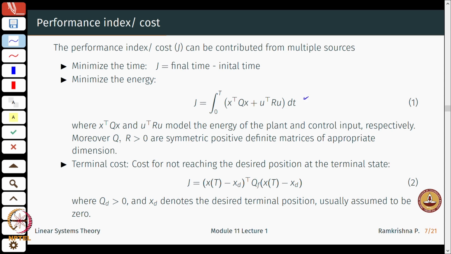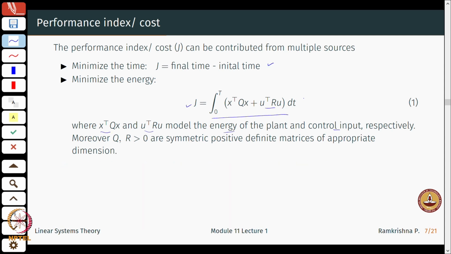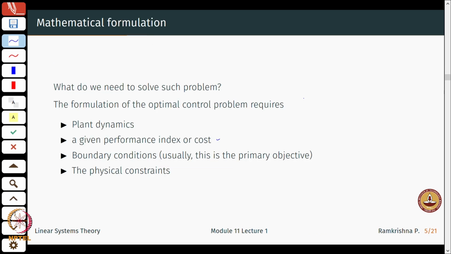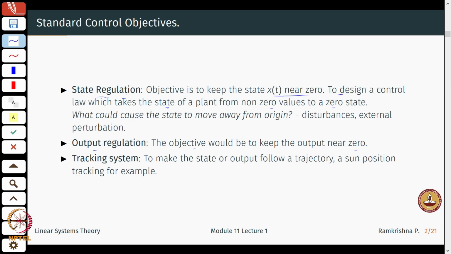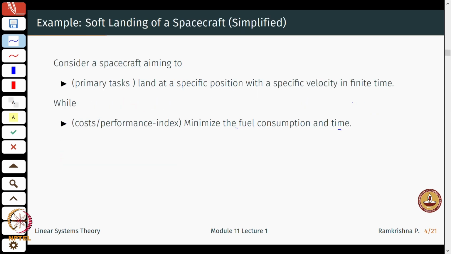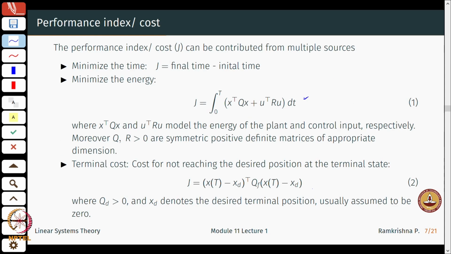So, we are here talking more like a state regulation problem where I just want the states to go to 0. Okay, and then similarly, I will have some kind of a terminal cost. The cost is the cost of not reaching the desired position at the terminal state, and as usual, I want this to be as close to 0, or x(T) to be equal to x desired, at least as closely as possible.